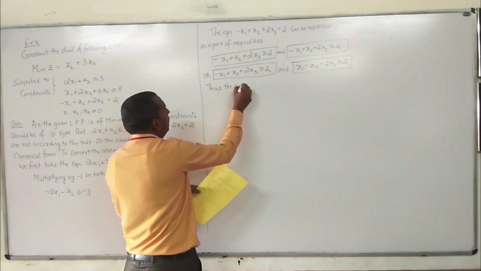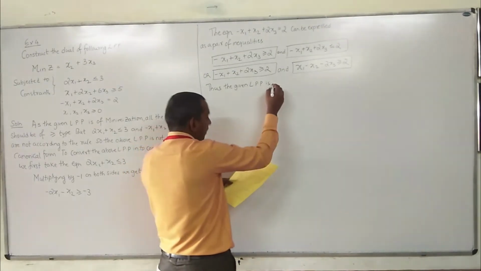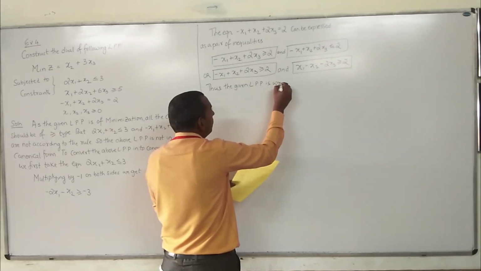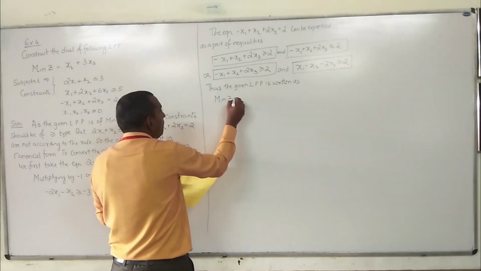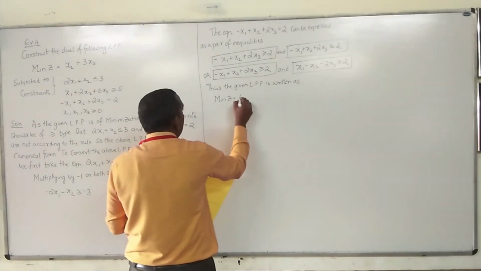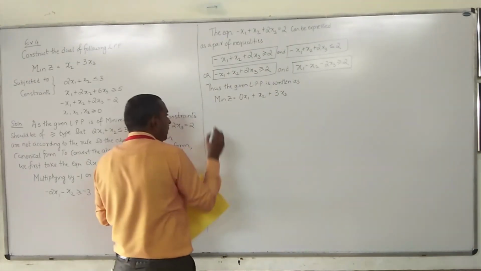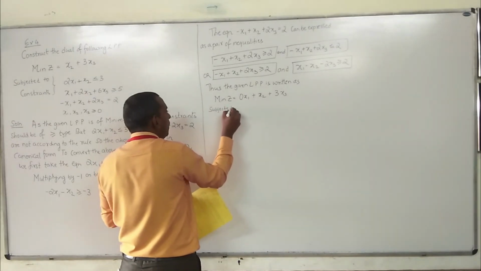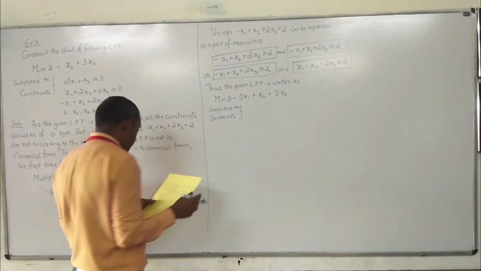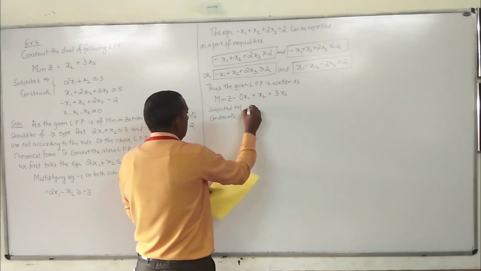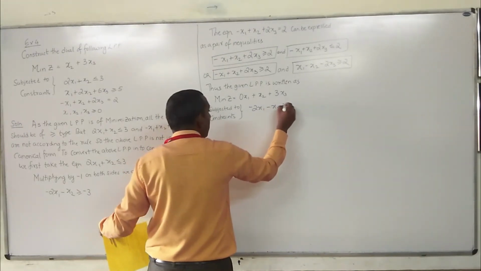Thus the given LPP is written as min z is equal to 0x1 plus x2 plus 3x3 subjected to constraints: minus 2x1 minus x2 greater than or equal to minus 3.